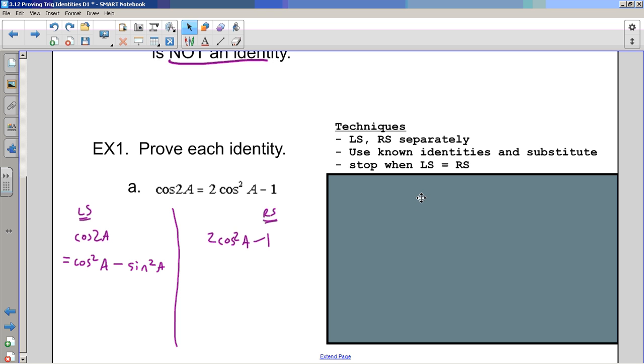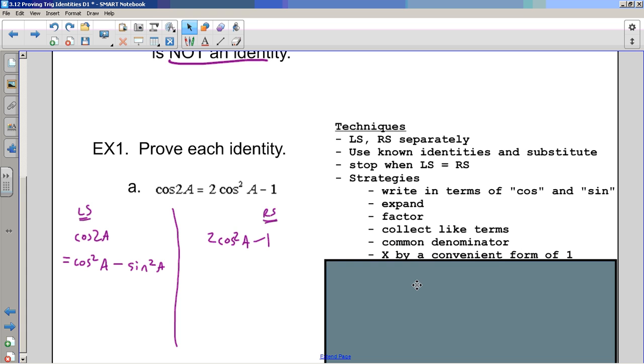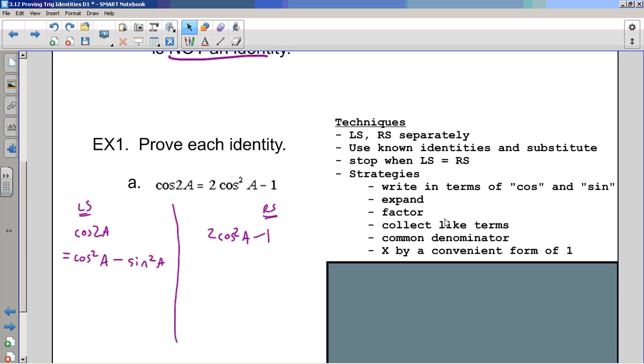techniques, okay? So here are some strategies. In general, one of the things we might want to do is write in terms of cosine and sine. So if we have a tangent, or if we have reciprocals like cosecant or secant or cotangent, we'll want to write those in terms of cosine and sine.